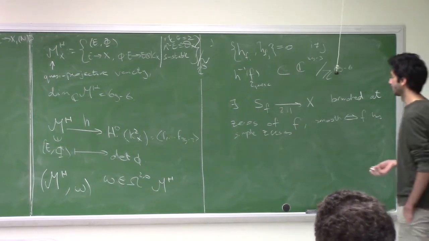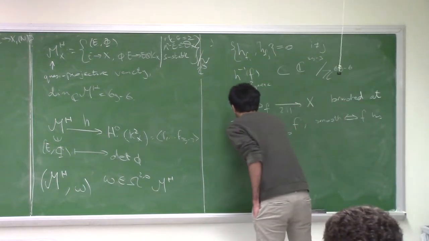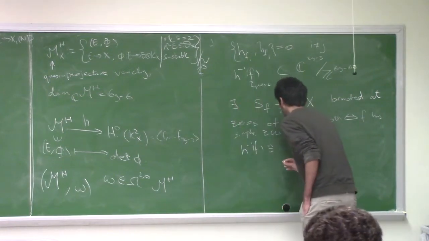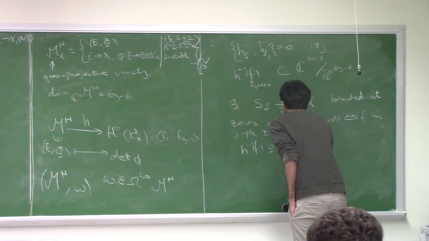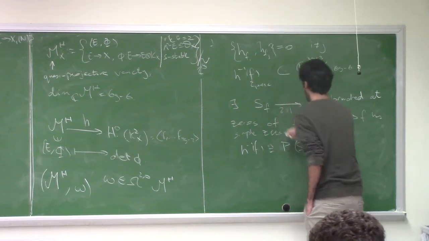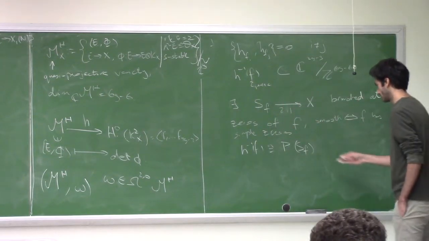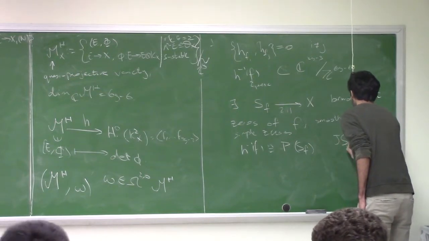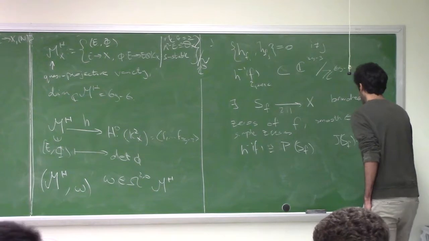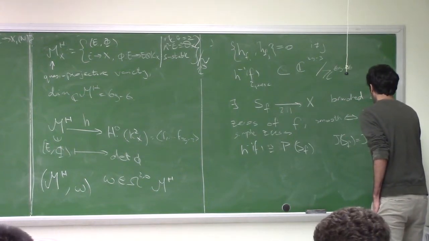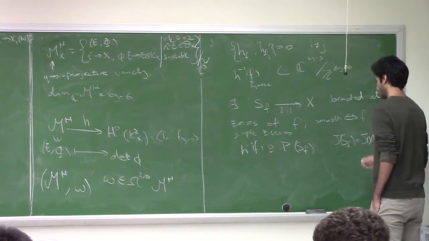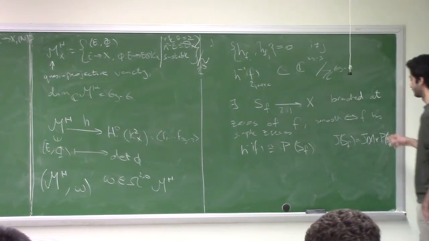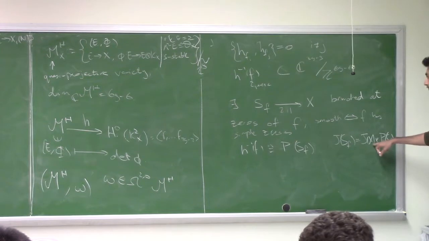So that's the structure, and the fiber H inverse of f, for f generic, is biholomorphic to the Prym variety of the spectral cover S_f. The Prym variety is defined as follows. You have the Jacobian of S_f, and it equals the Jacobian of your base curve times what is left, which is called the Prym variety.